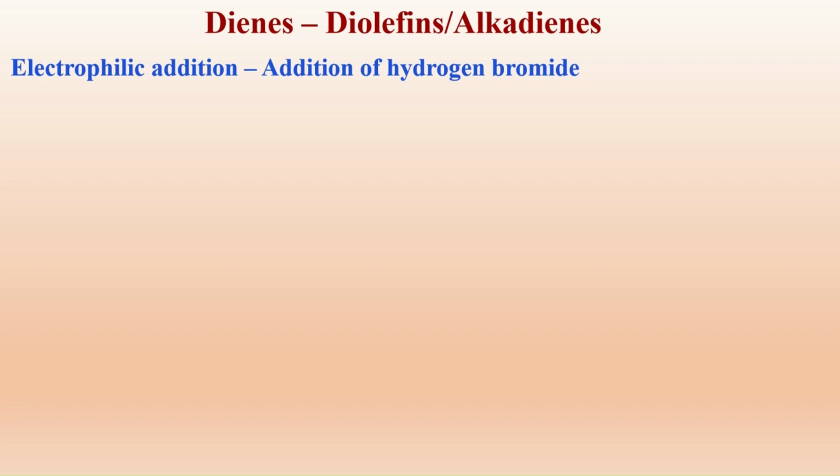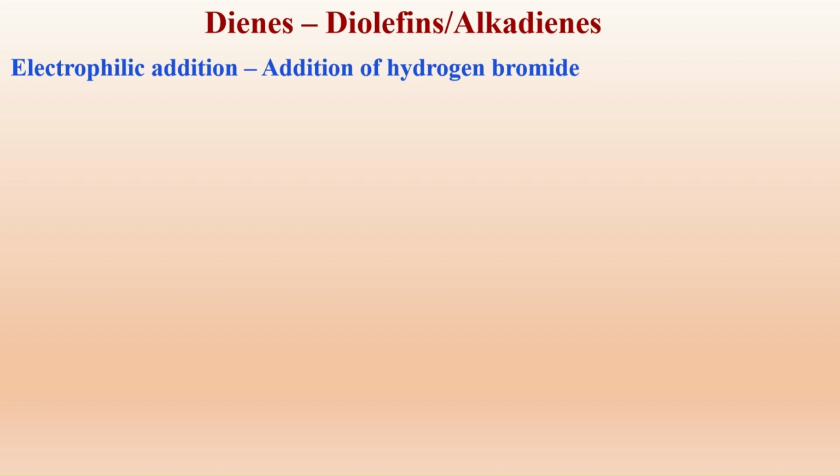We have seen addition of hydrogen halides to alkenes, and we know that when it gets added, it follows Markovnikov's or anti-Markovnikov's rule. Addition of hydrogen chloride or hydrogen iodide followed Markovnikov's rule, whereas addition of hydrogen bromide followed anti-Markovnikov's rule, which has been attributed to the presence of hydrogen peroxides or any other peroxides as impurities in it.